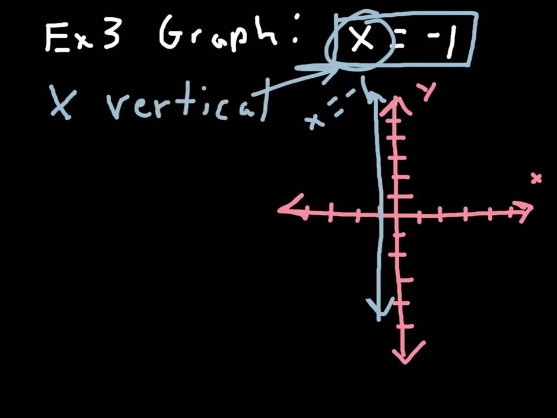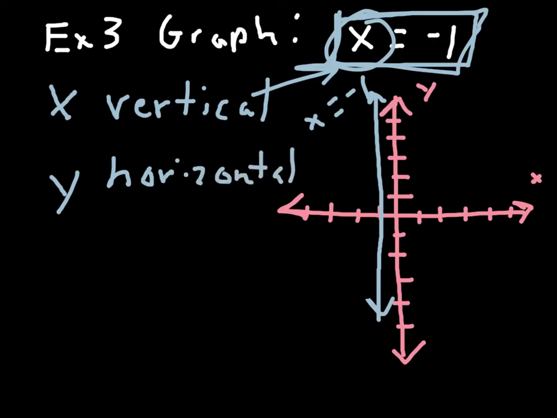And then I would write down one of these examples where we had just x, like this one. Now, if it's an equation where you have just y, it's going to be a horizontal line. And I would write down an example, like we had in example 2, where you get a horizontal line. And I would keep that in your notes so you can refer back to it. So, again, the topic was graphs of vertical and horizontal lines.